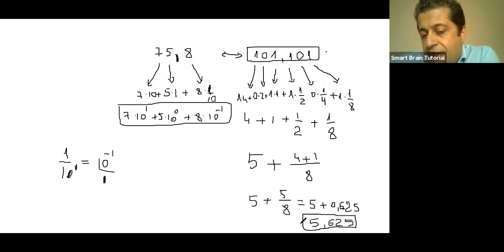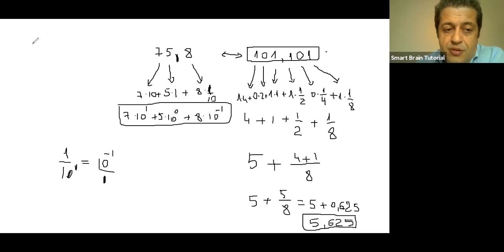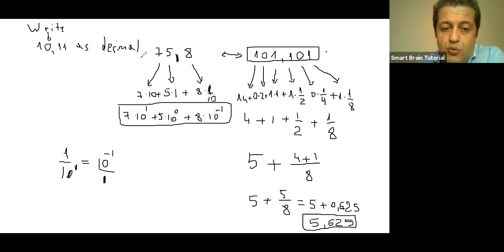Can you try very fast to convert this number, 0.11, and write this one as a decimal?